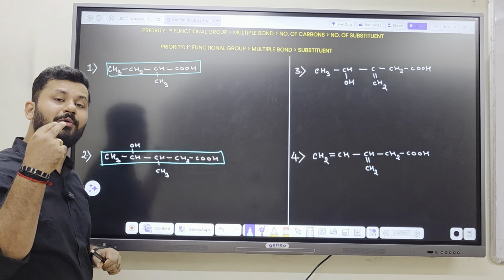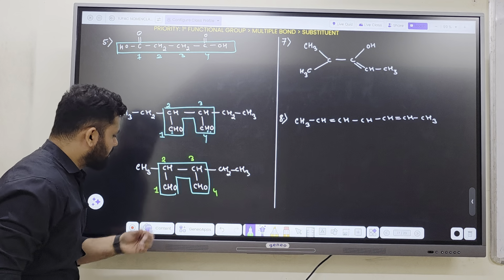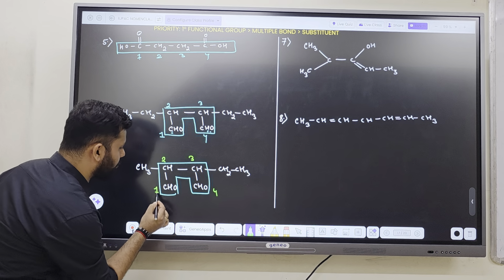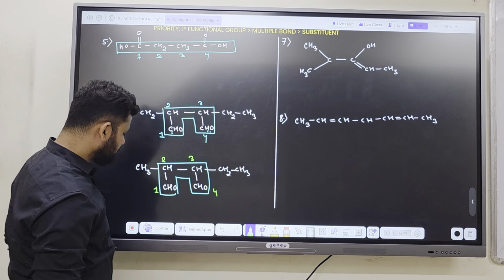Whether I go from left to right or I go from right to left, I will end up assigning the same numbers to the functional group. For example, 1, 2, 3, 4. The functional group gets the number 1 and 4.